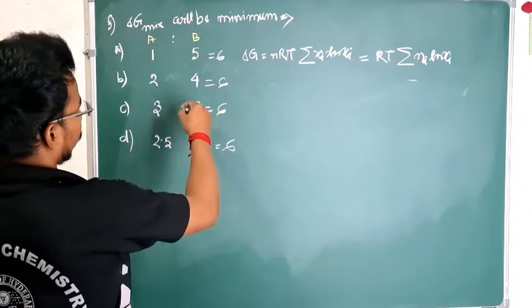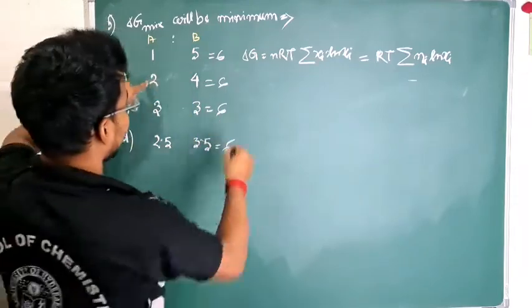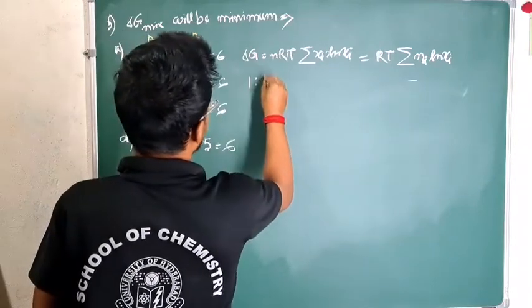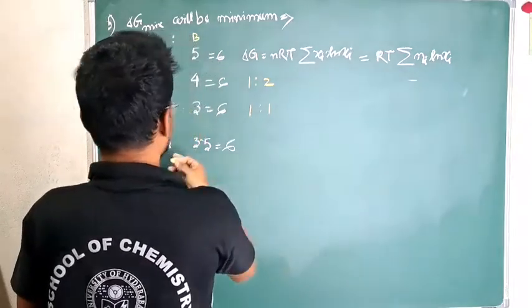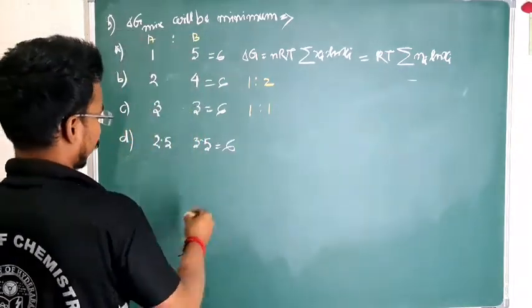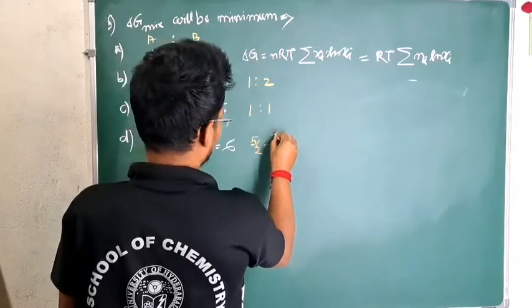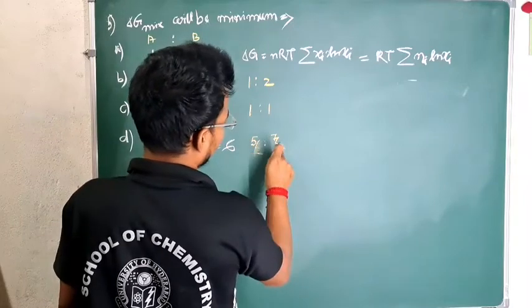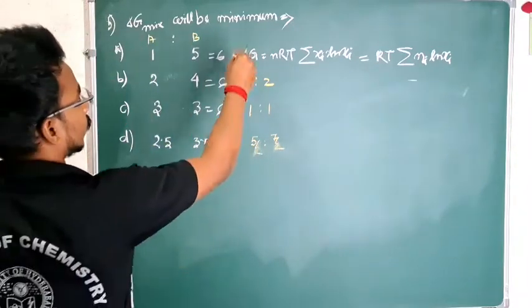If you put the ratio, that is 1:5, this is 1:2, this is 1:1, and this you can put 2.5, means 5/2 to 7/2, minus 5:7, 5:7, and this is 1:5.